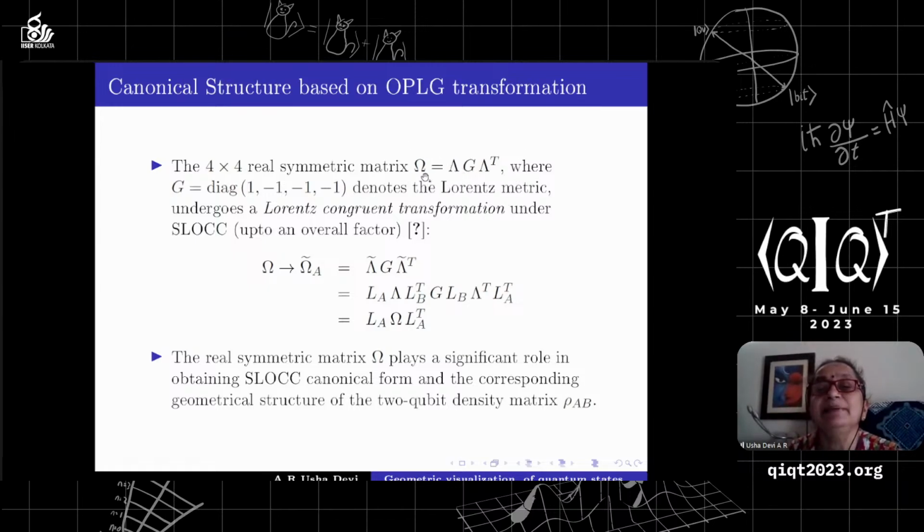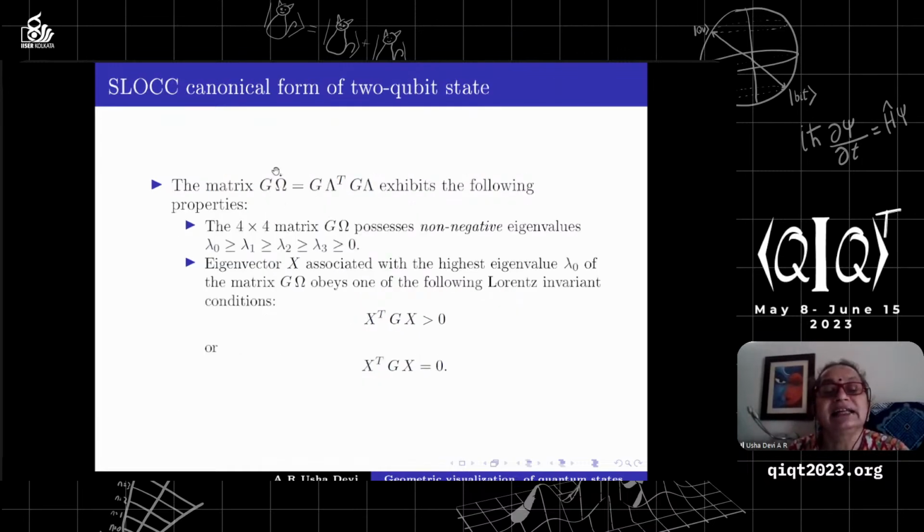I construct a symmetric matrix omega, and notice that this omega plays an important role in analyzing our canonical structure of the two-qubit density matrix. So once I take it, I notice that the matrix G omega has the following properties. That is, this is a theorem. I only want to say that a two-qubit state has this kind of rich structure. It wouldn't have been noticed. What we find is omega is a symmetric matrix, but I take G omega, such a 4x4 matrix.